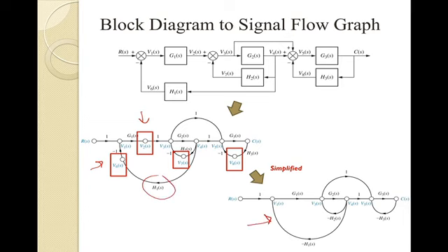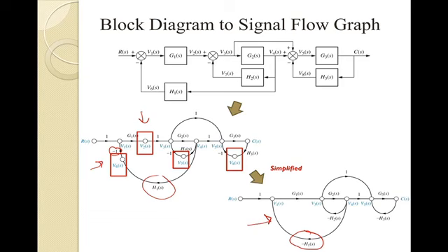I have here H1 of s with the negative 1. I'm going to combine them into negative H1 of s there. So depending on the application, the signal flow diagrams are equivalent, but if they're signals we don't really care about as much, we could reduce and simplify from a look and feel of what the signal flow diagram will look like.